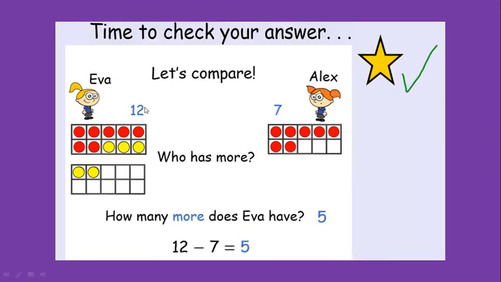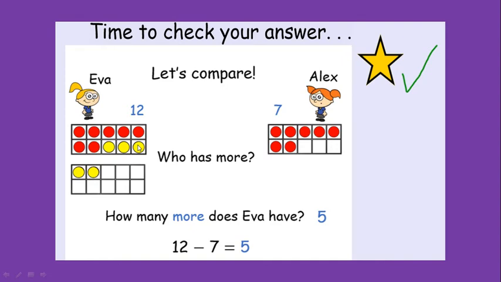So Eva had 12. We know she had 12 because there's her 10 and there's her 2 more, which makes 12. Alex had 7, and we can see here there's her 7 on her tens frame. How many more does Eva have? Now there was actually a big clue that I didn't tell you about because I wanted to see if you could spot it yourself.